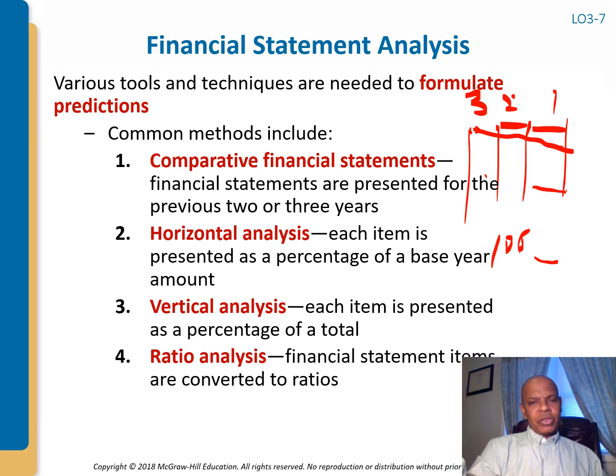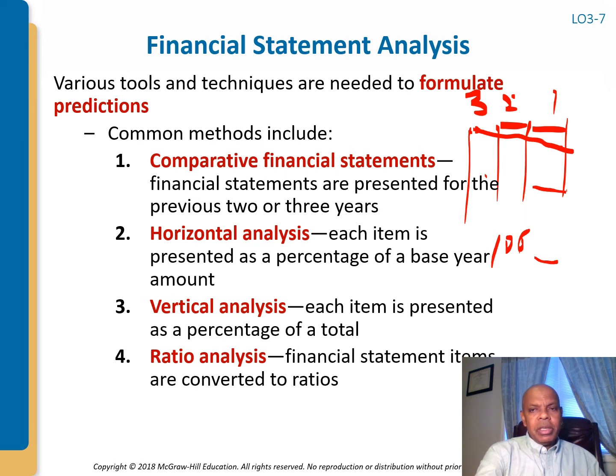The vertical analysis, going down, you start with the sales. The financial statement items are converted to ratios. You get the sales numbers comparing what our profitability is. Okay, sales to the cost of sales to gross profit to operational profit, percentage wise each year.